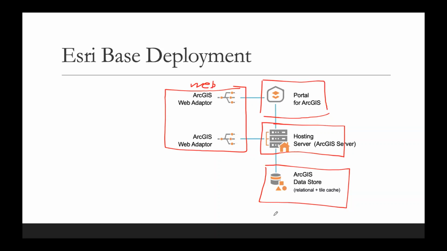What I mean is, when you run analysis or upload things to Portal, it's putting that onto this data store. Just to let you know, this is a Postgres database that's installed when you install the data store.